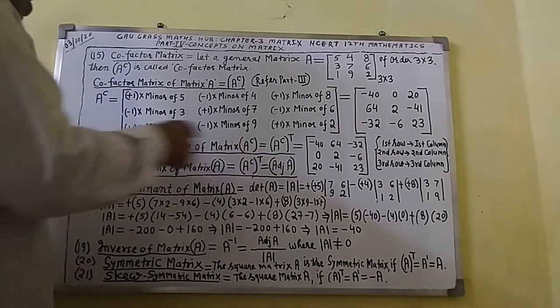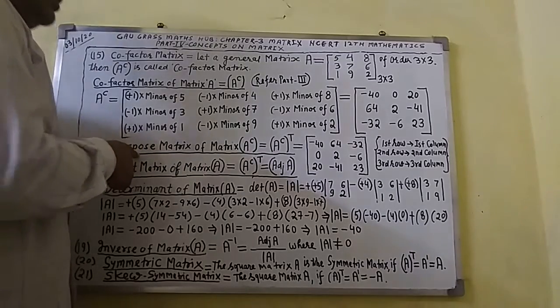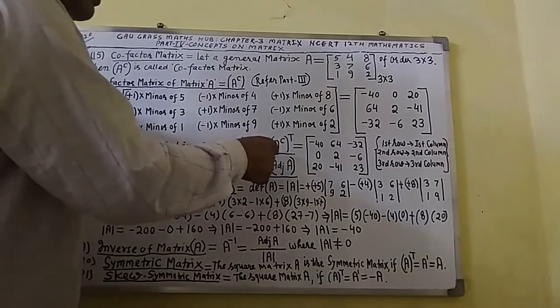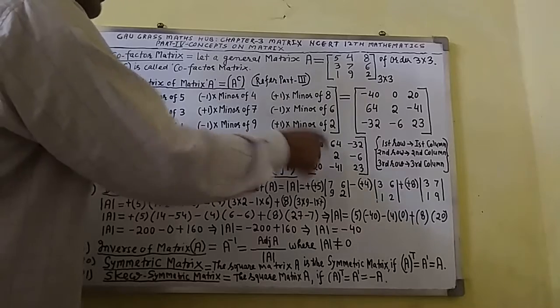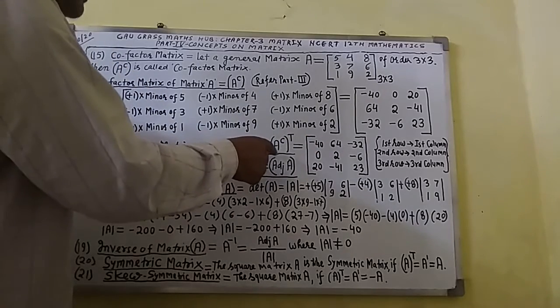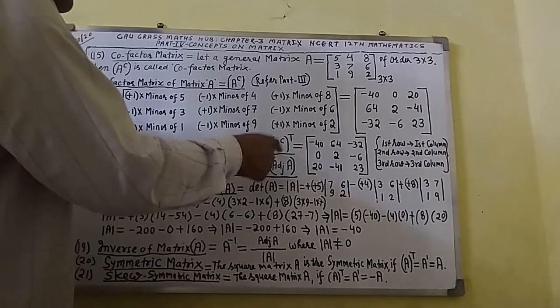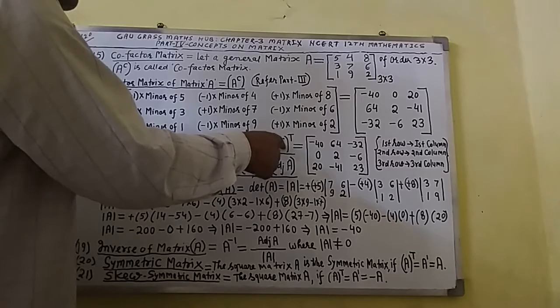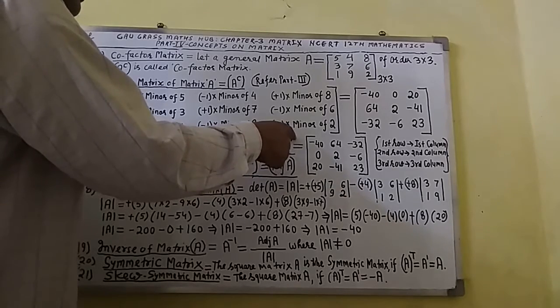The transpose of the cofactor matrix will be written as capital A raised to the power capital C whole to the power capital T.